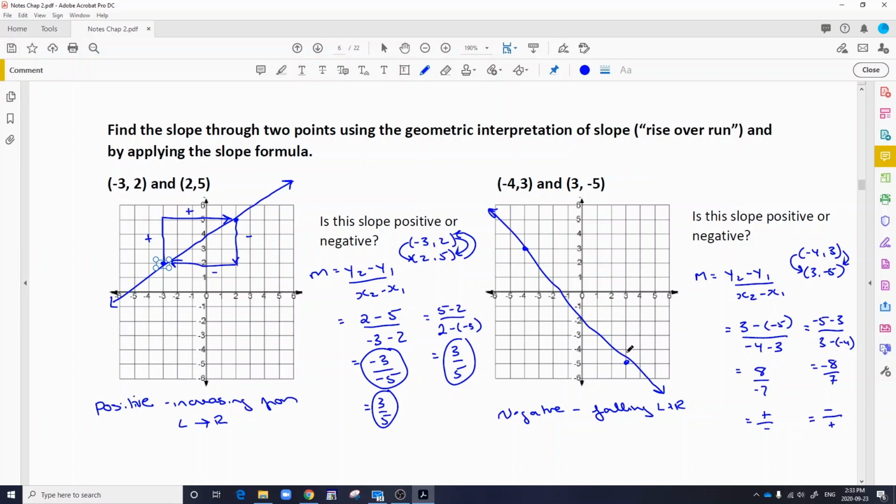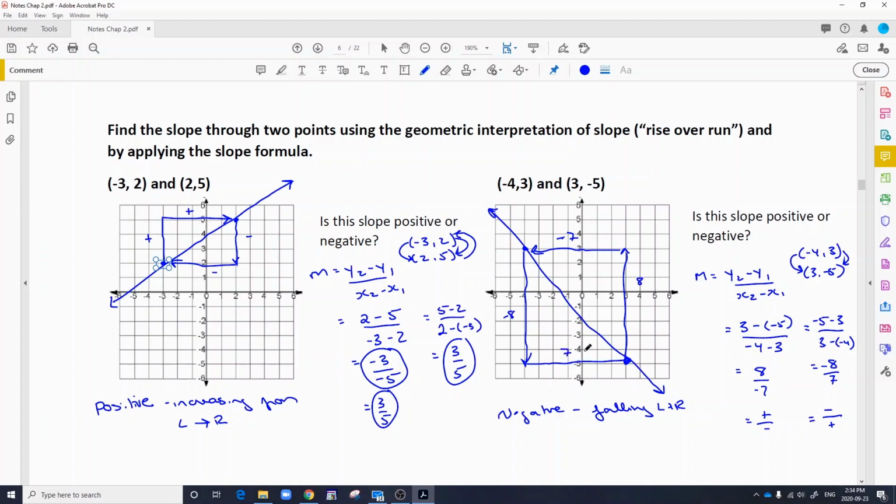Now what that means is that if I start at this point, a positive rise of 8 and then a negative run of 7 would give me that negative slope. Or I could do a negative rise of 8 and a positive run of 7.